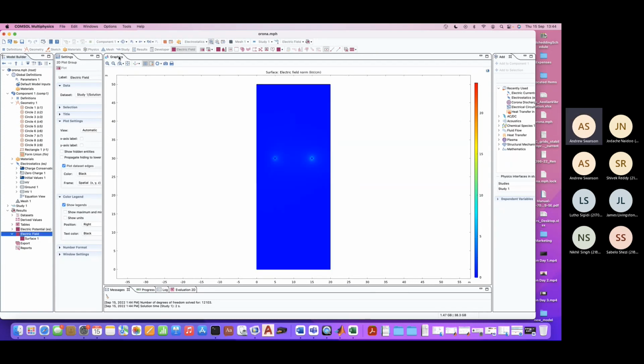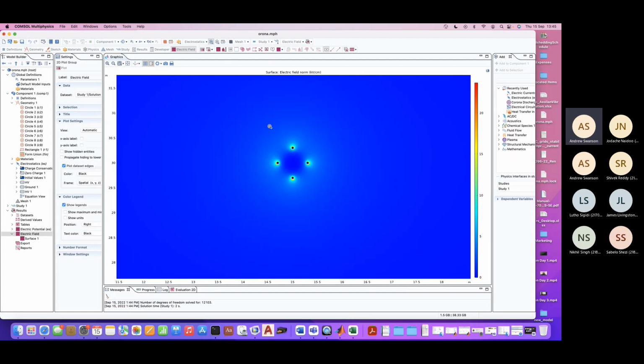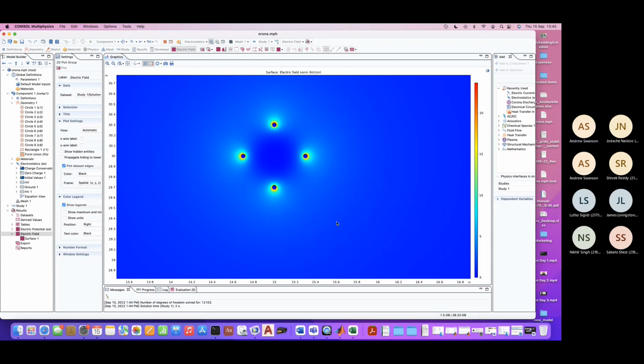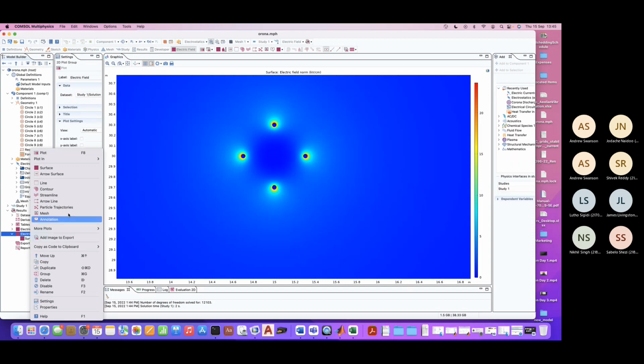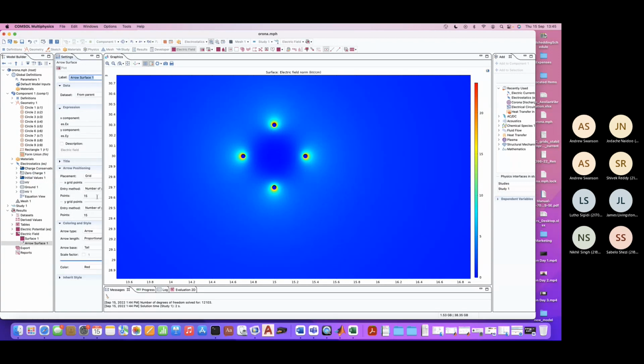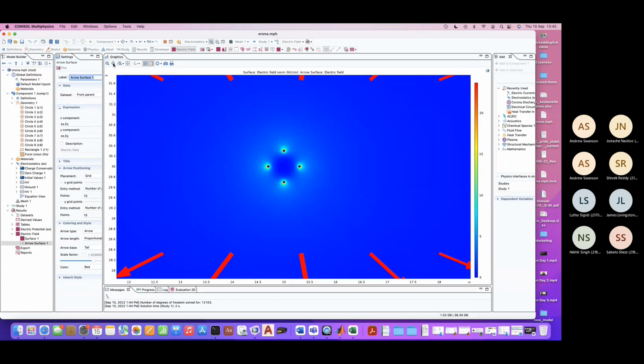Again, if we have a look at the electric field, for positive, the electric field shouldn't be any different. It'll just be a matter of a different polarity. Let's see if we can actually see the polarity. Oh, there we go.